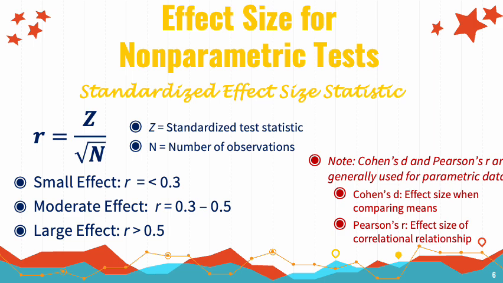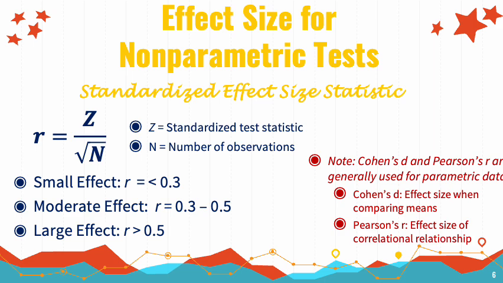Now, you will not be expected to calculate the r effect size by hand. This is something that most software will automatically output when you run the non-parametric test of analysis. Not only will it give you your test statistic and your p-value, it will also give you your r value for effect size. What you need to be aware of is how to analyze that r value, and I have written that here.